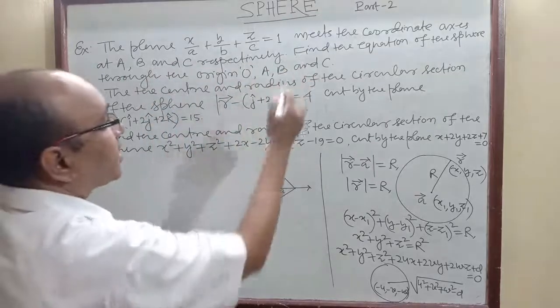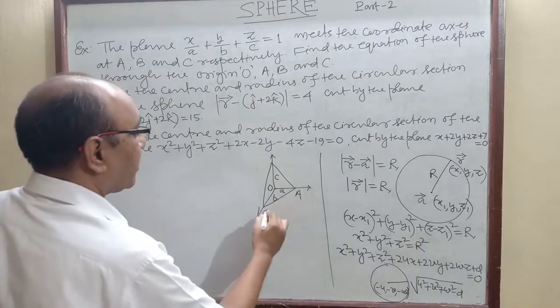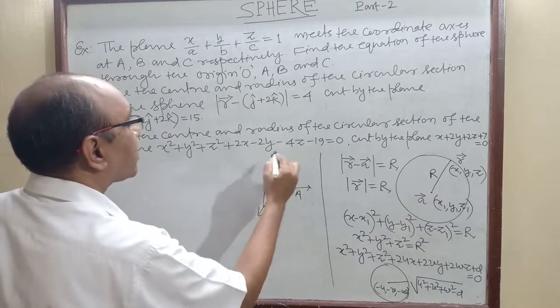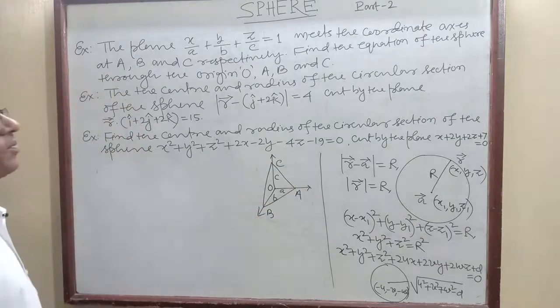Given this plane meets the coordinate axes at A, this point is B and this point is C respectively.